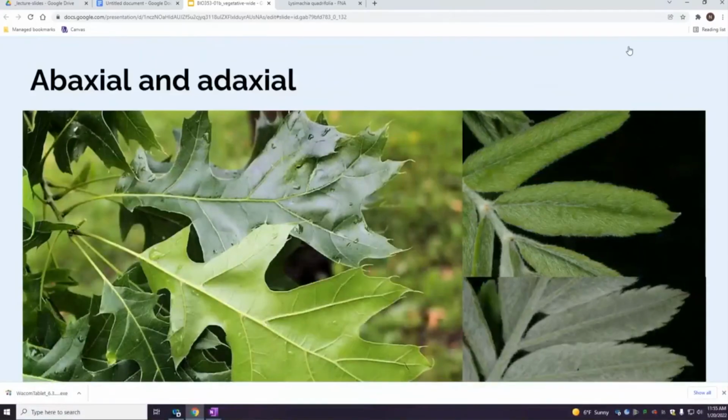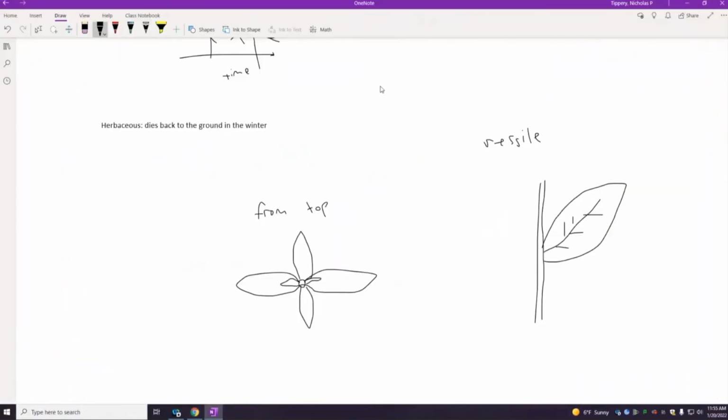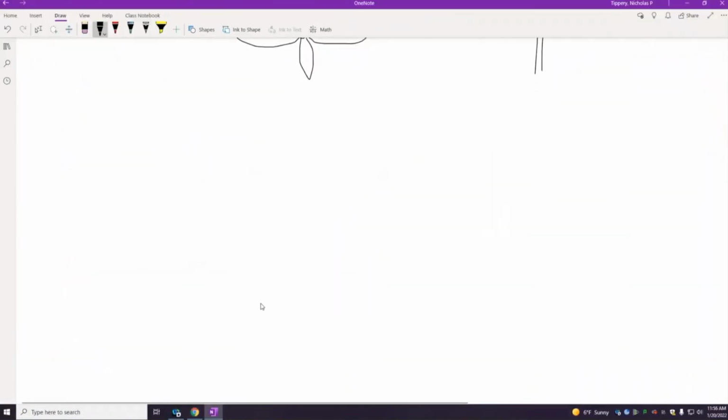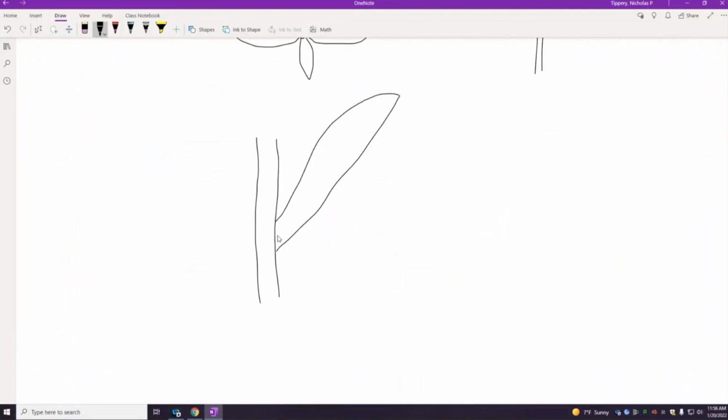So really push my drawing powers here. Mid vein there. And draw one that kind of peels around the stem a little bit. So what's most often the upper surface is the adaxial surface.